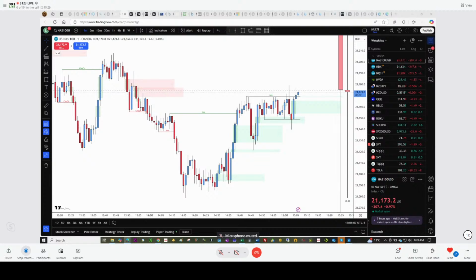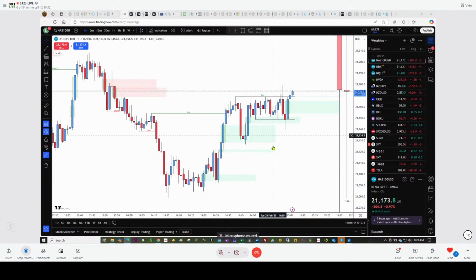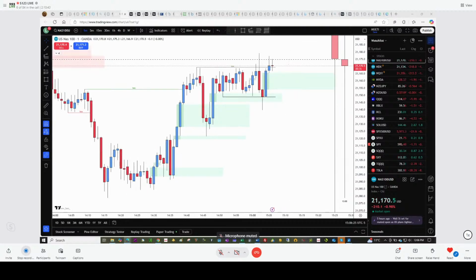Well, price is above all my moving averages, 521. It's looking like a continuation to the upside here. There's a possibility, pushing towards the 50 EMA. See how this is so interesting right here, because they swept as I was expecting.